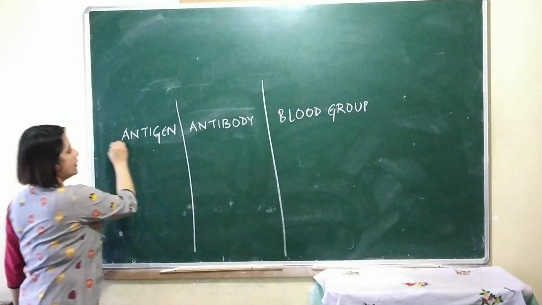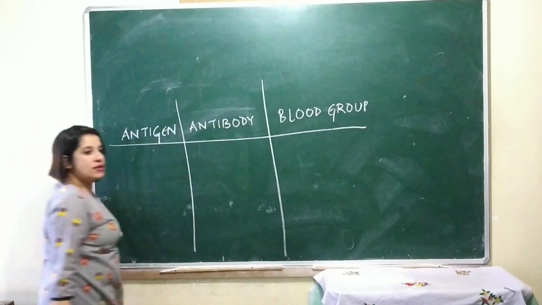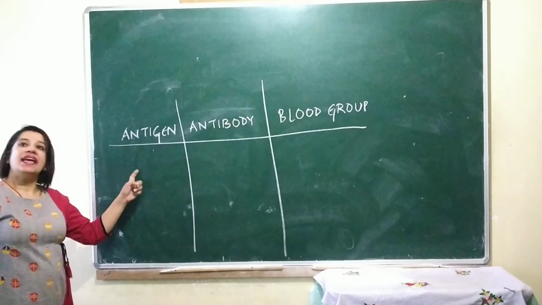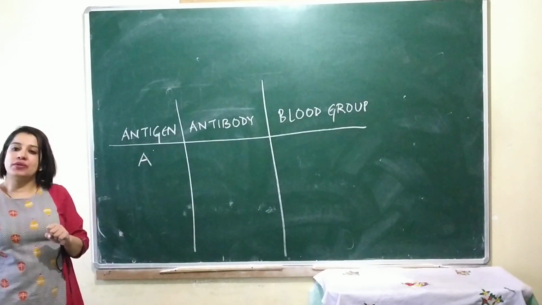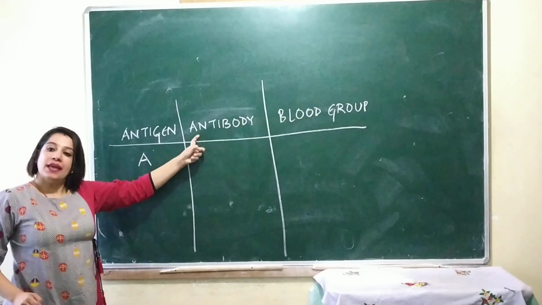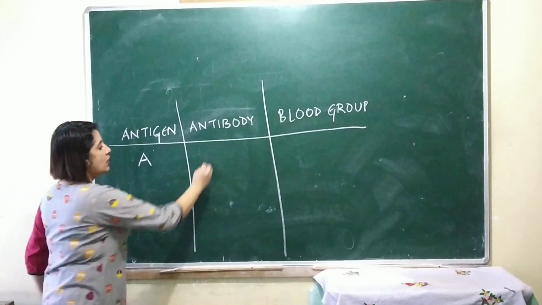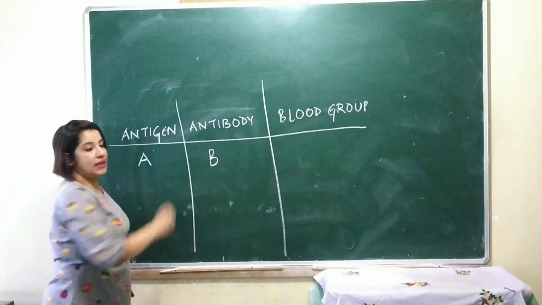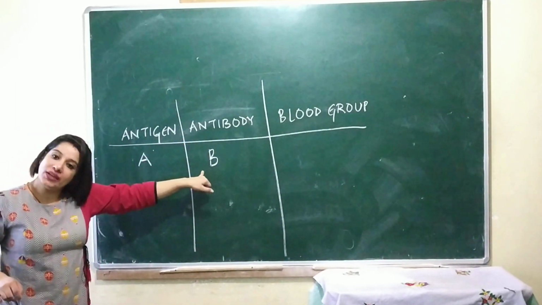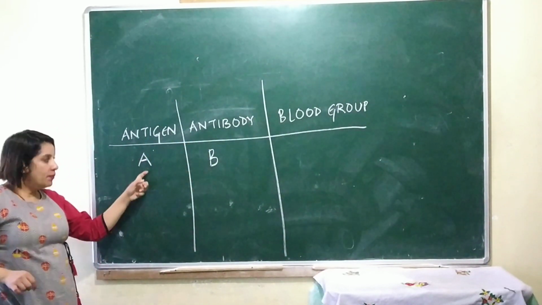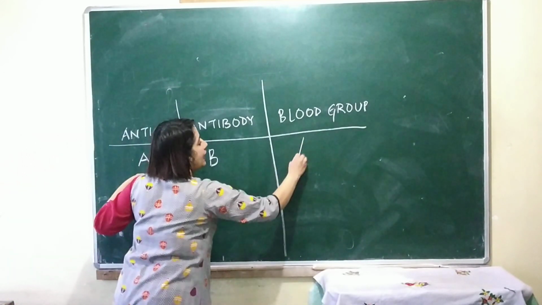So first one, suppose antigen A is present in your erythrocytes, then the antibody present will always be B. So if antigen is A, antibody will always be B. Your blood group will be A.